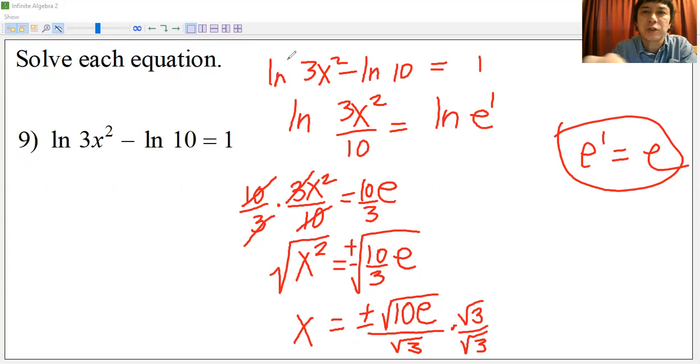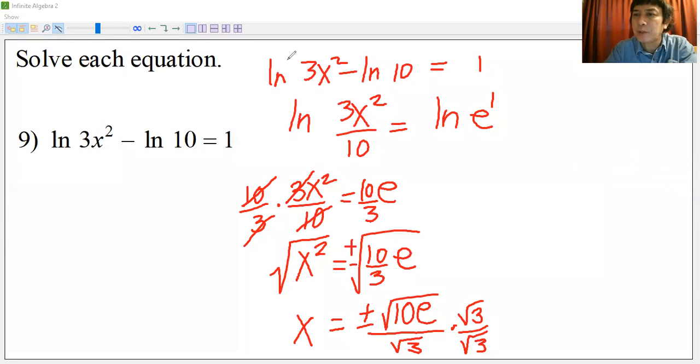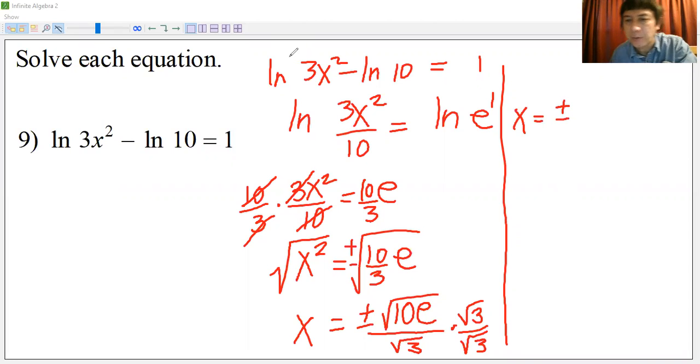All right, so let's just erase this part here. Let's continue there. Next line will be x is equal to plus or minus. If you multiply the 10e and the 3 at the numerator, this will be both under the square root.